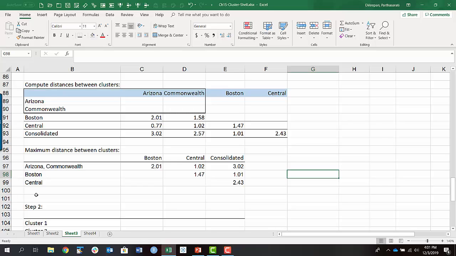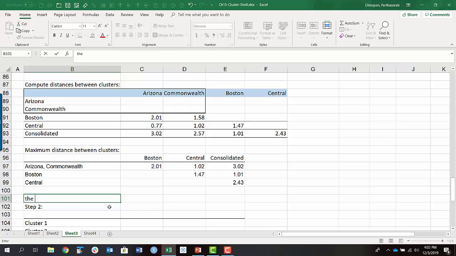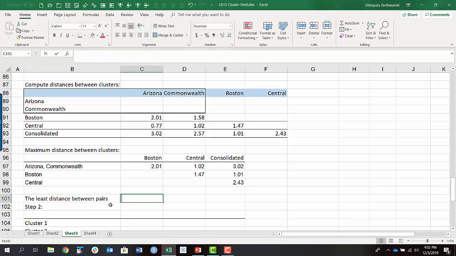So now the next step is to find the closest, the least distance between pairs, which is the minimum of all that.